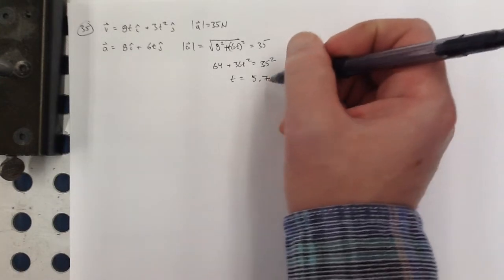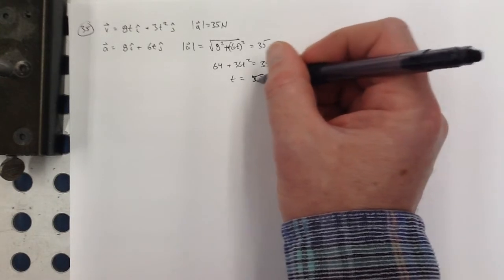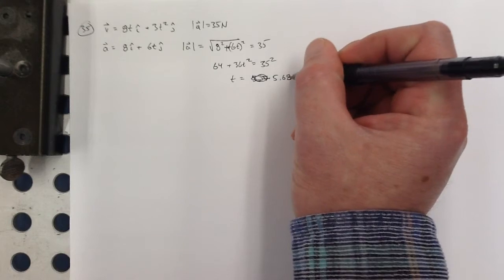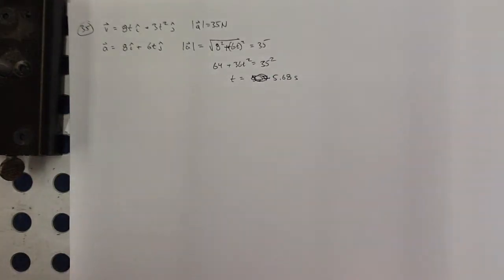I'm going for 3 sig figs here, so that's going to be 5.68 seconds. Is that the answer to one of the questions? No. So now that I know what that time is, I need to figure out what's the direction of the net force and the direction of the particle's direction of travel.